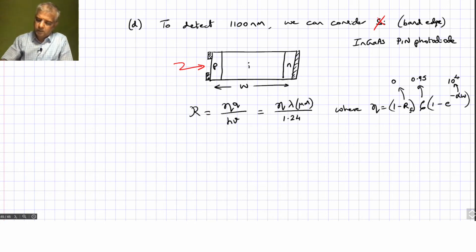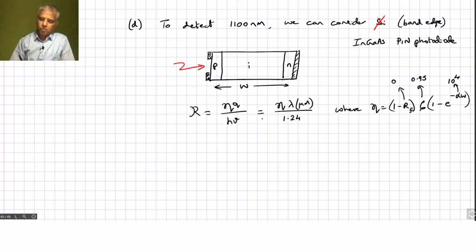We've been told that corresponds to 10 power 4 per centimeter. Okay, so we can actually plug all those and find out eta. Okay, but eta, where do you find that from? Eta, we'll have to get it from this expression, because we know lambda is 1.1 micron.